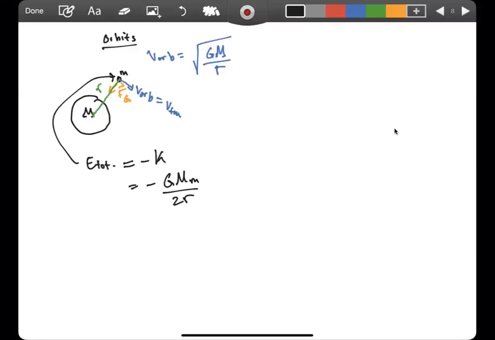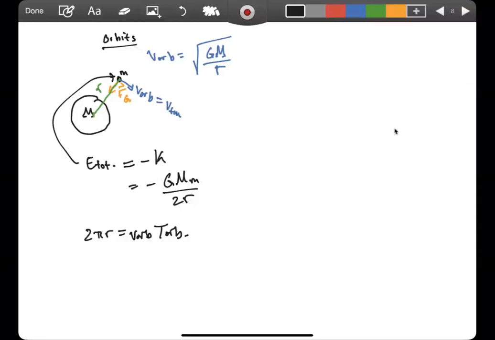So this is my total energy. Let's see, anything else here that was useful? There's a period associated with all that. I just remember the period: 2 pi times the radius at which it orbits is equal to the orbital velocity times the orbital period. So you get the orbital period that way.